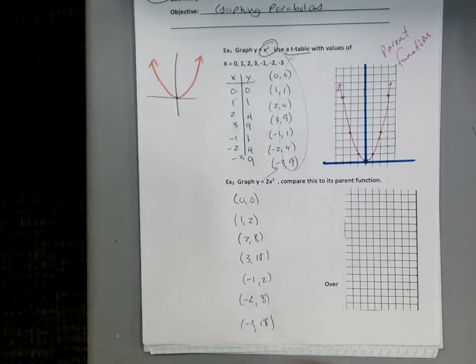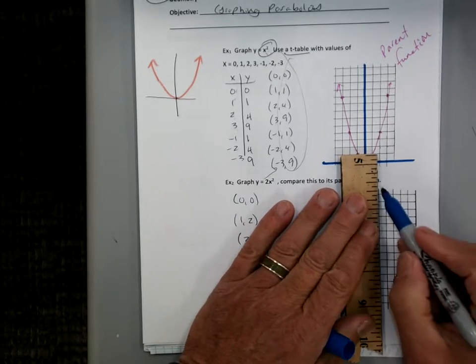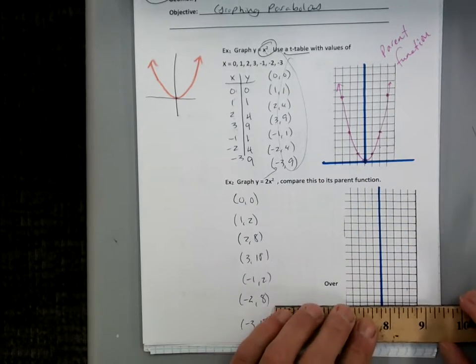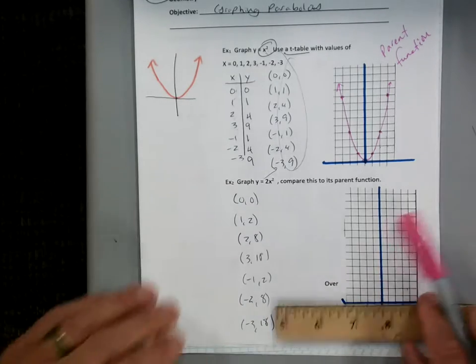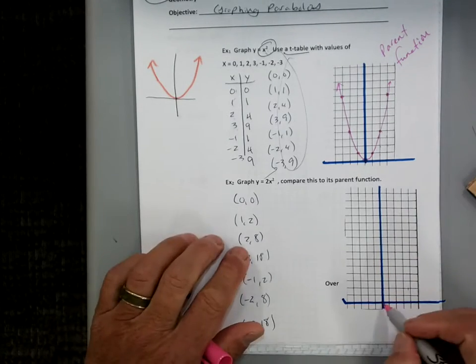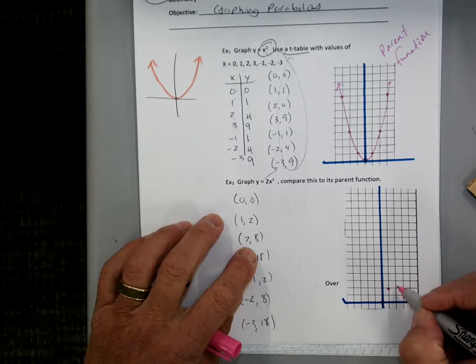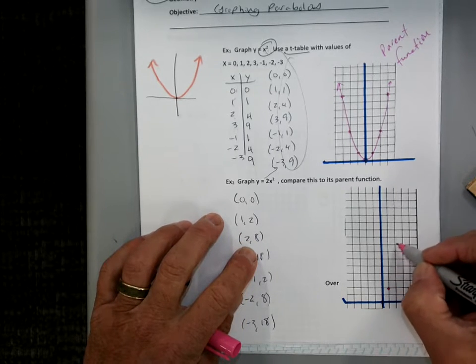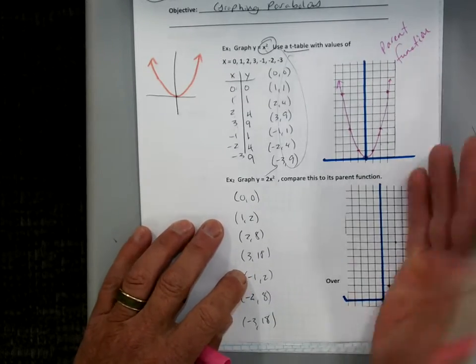Okay, so I'm not going to be able to graph all of these points because it's just too tall, but it's going to look like this. It's going to be the same shape, just much skinnier or taller. So I'll graph these points. 0, 0, 1, 2, 2, 8. 3, 18 is off my paper. Another thing I noticed, they're symmetrical.